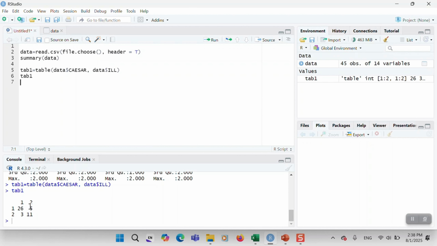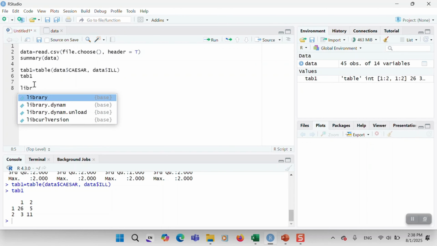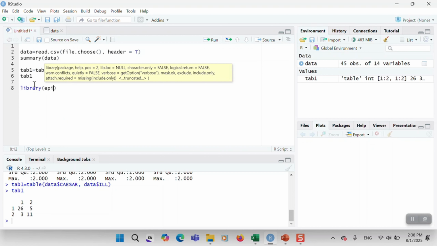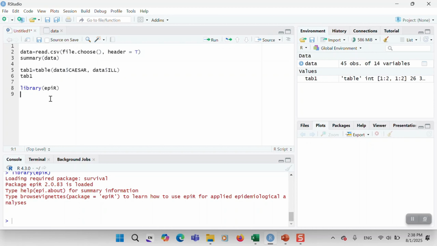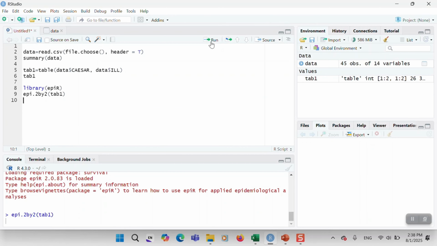In order to compute the odds ratio and relative risk, we use the EpiR package like the previous session, right? So library, I already have installed the EpiR package, otherwise you have to install it. Run. And then if you remember, we use epi.2by2 to calculate a variety of statistics in the EpiR package. The input is going to be table 1. Run this line of code.